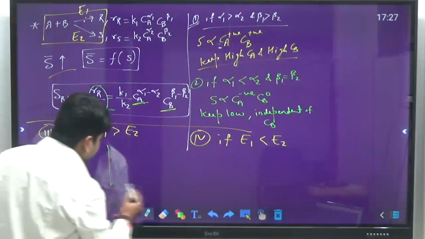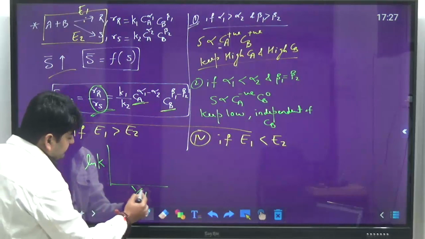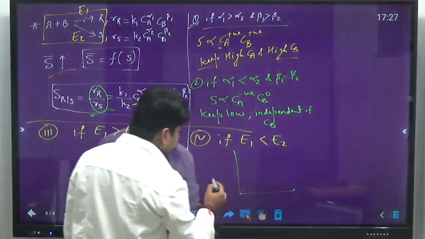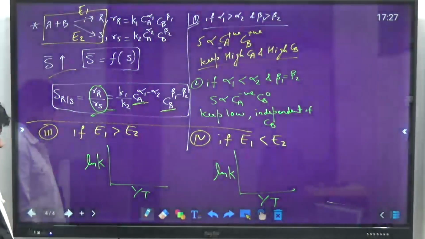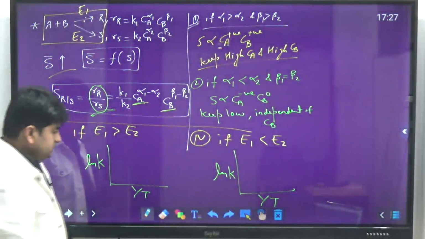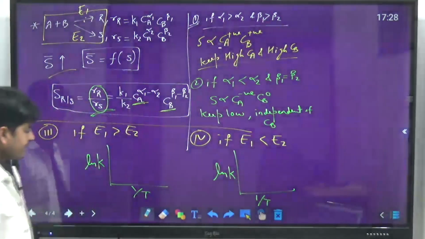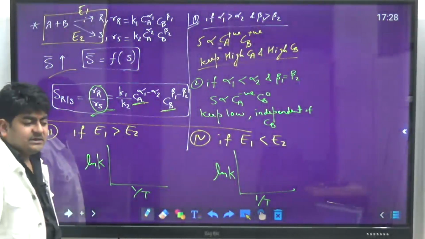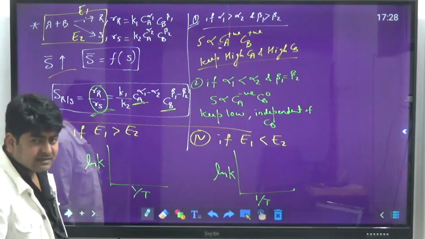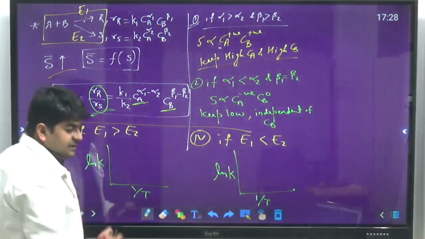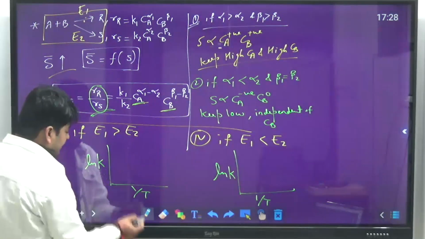If you remember the Arrhenius plot, then you must know that there was a curve drawn between ln k versus 1 by T. In this curve, the curve was a straight line and the slope was minus E by R. So if E1 is greater than E2, the slope of the K1 curve will be more as compared to the K2 curve.